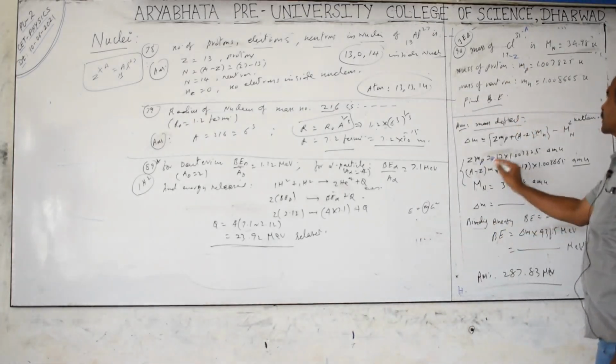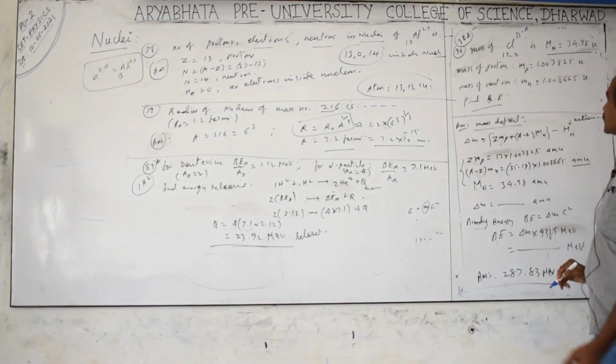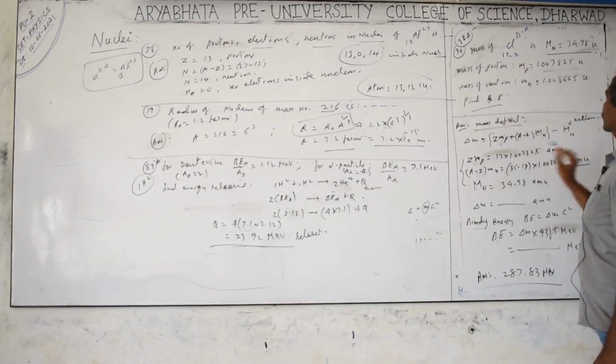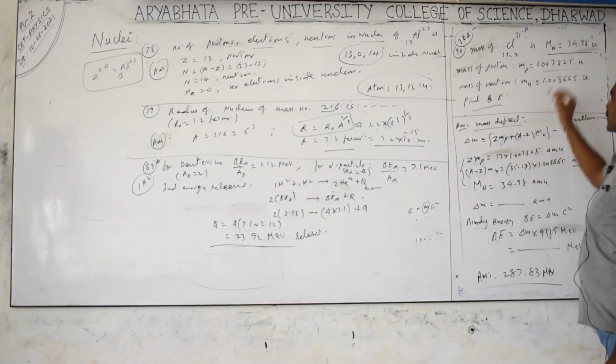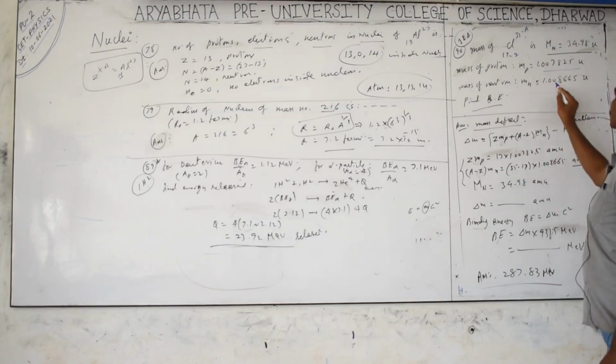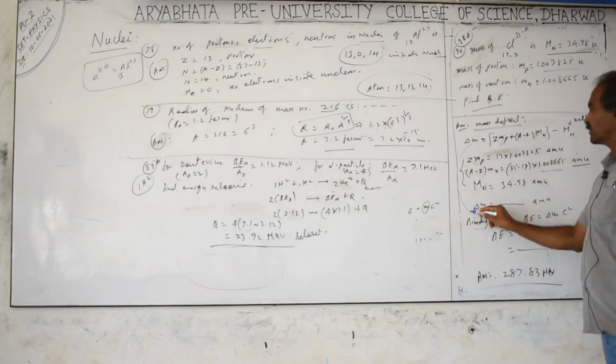So Z is equal to 17, into the mass of the proton value, and A minus Z is the number of neutrons, 35 minus 17, into the mass of each neutron, this value in AMU. Take the difference with the mass of the nucleus, and you will get the mass defect.